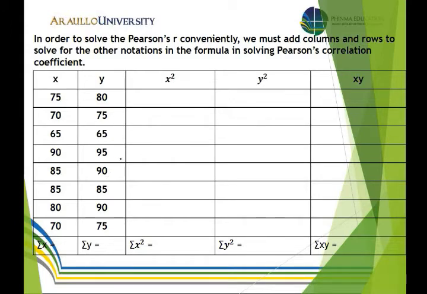Okay. So x squared, meaning it's all about x. X squared is multiplied by itself.